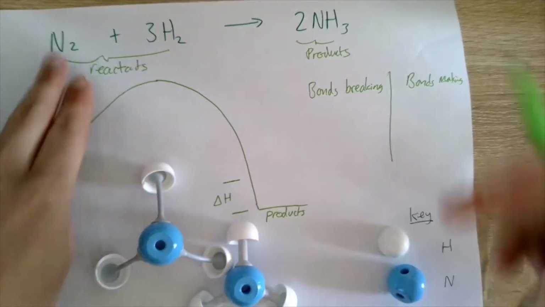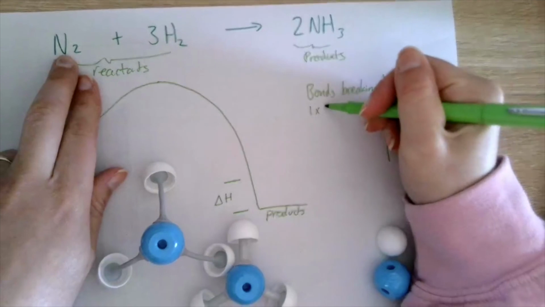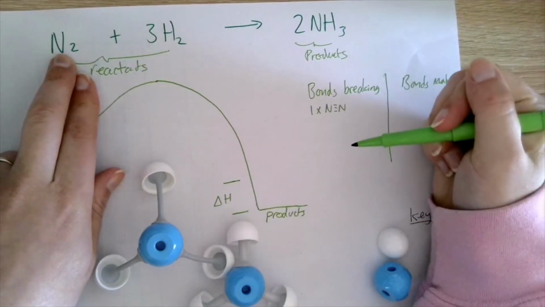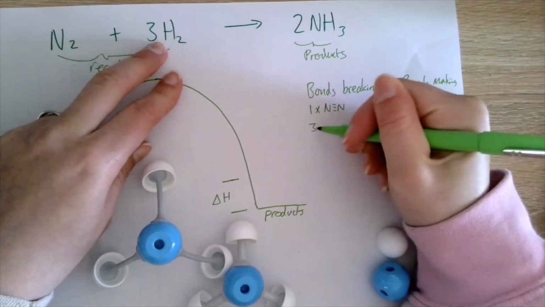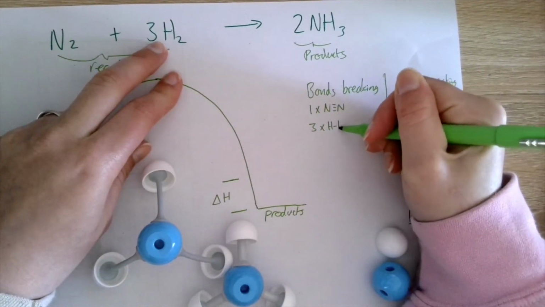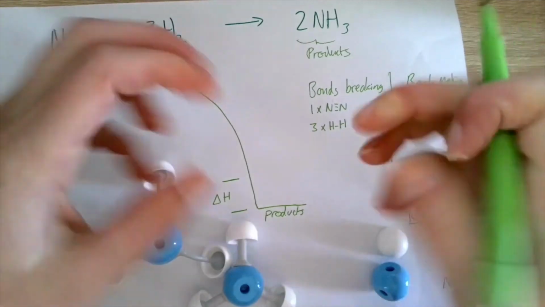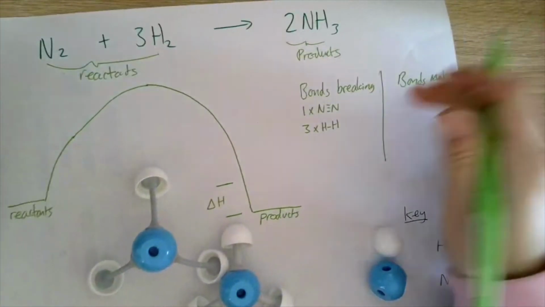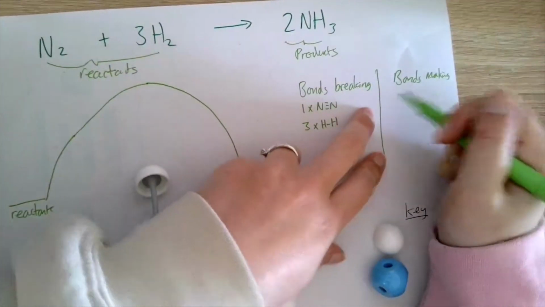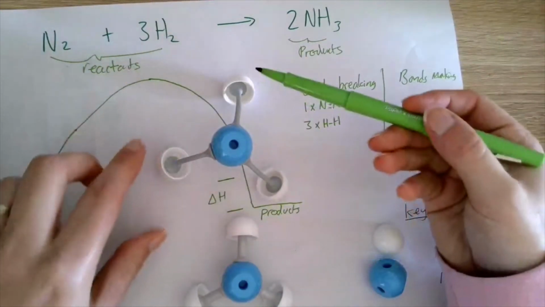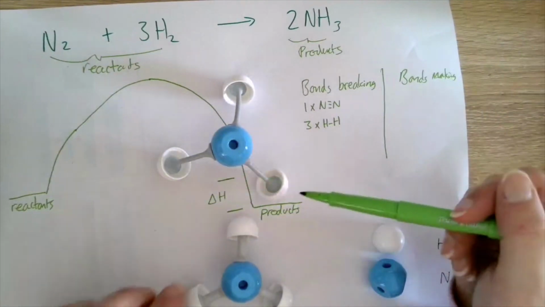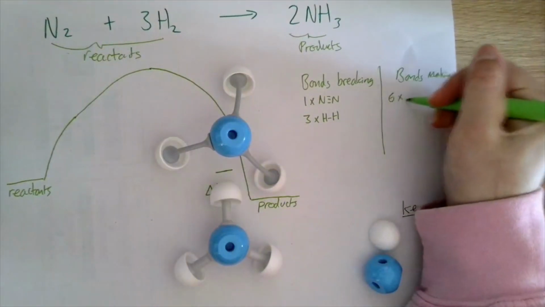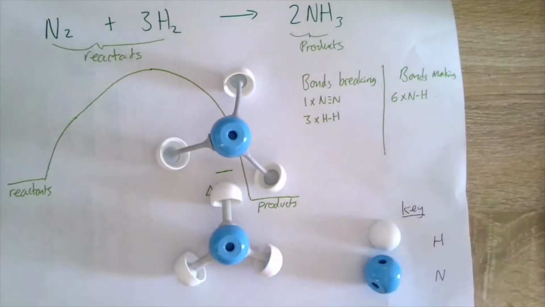So we said we were breaking 1 nitrogen triple bond between the 2 nitrogen atoms and 3 hydrogen-hydrogen single bonds between each of the H2 molecules. And our bonds making, we said in total we've made 1, 2, 3, 4, 5, 6 N-H bonds.